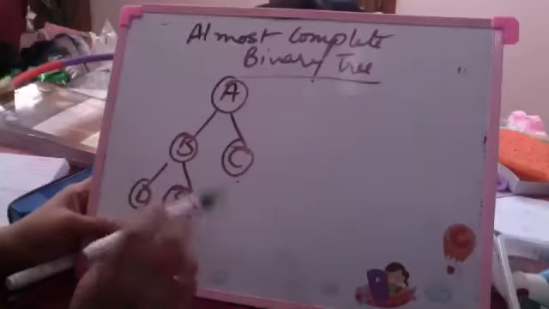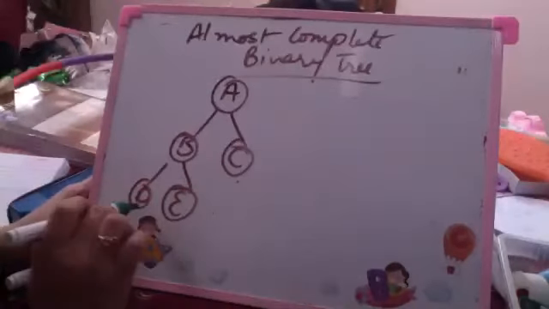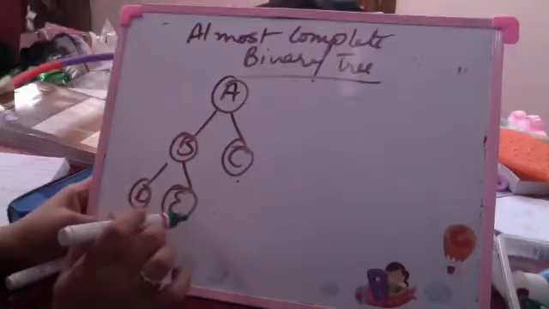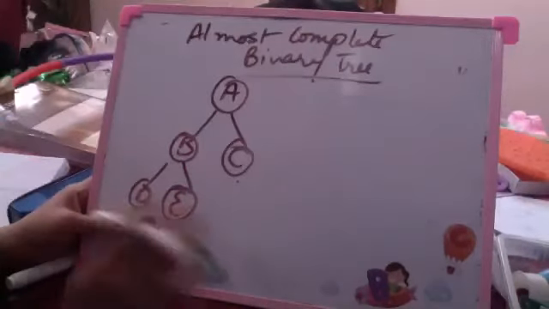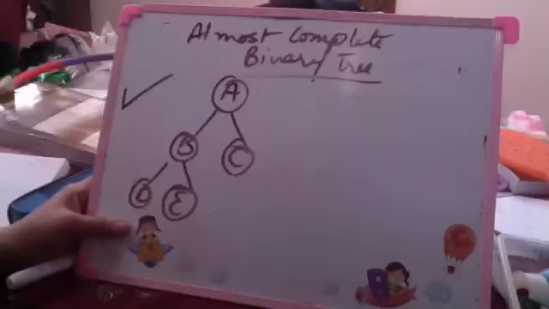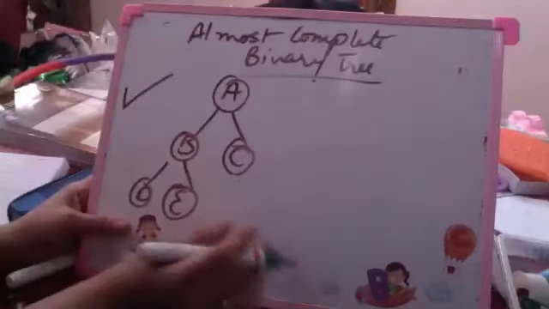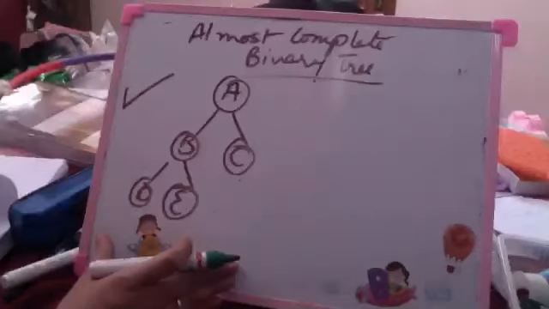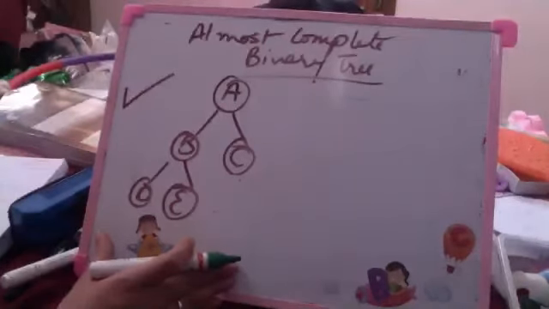All the leaf nodes are not at the same level. Can you see? D, E, and C are the leaf nodes. They are not at the same level. It is not a complete binary tree, but yes, it is an almost complete binary tree because, as you can clearly see, any node at level D minus 1 should have two children. That stands true.